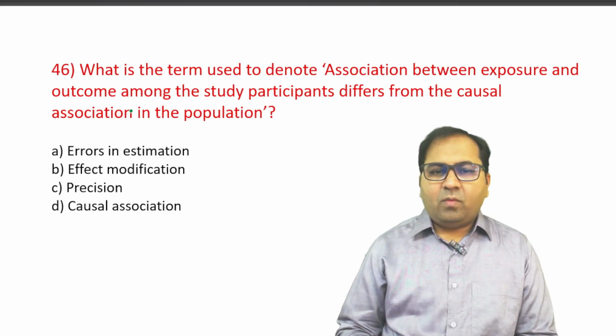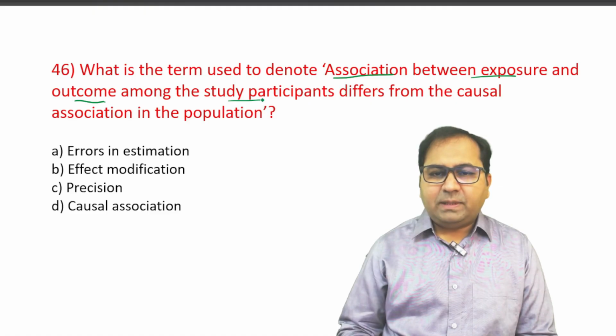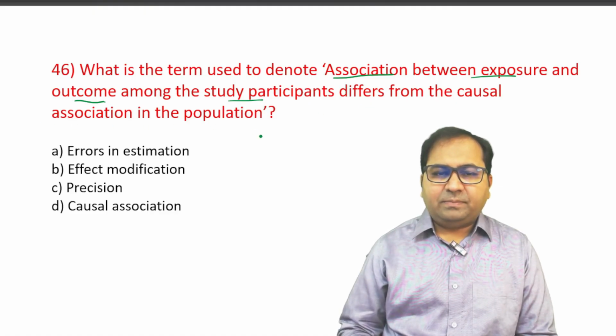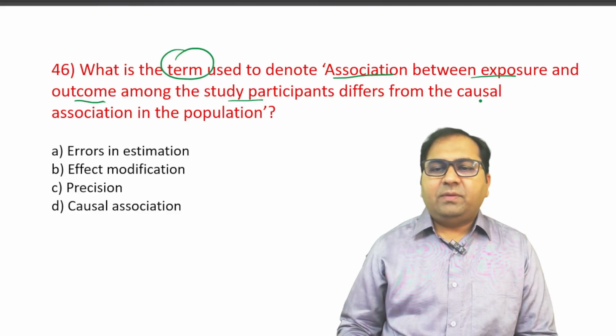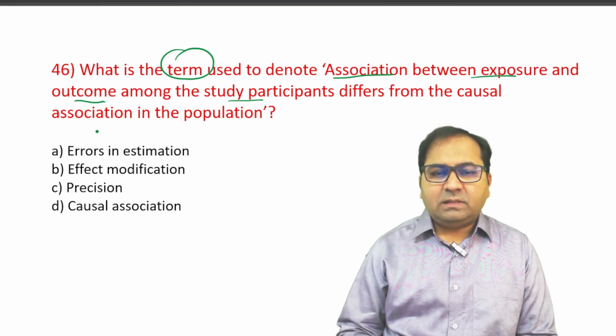Next question. What is the term used to denote the association between exposure and outcome among the study participants which differs from the causal association in the population? The options are A, errors in estimation, B, effect modification, C, precision, or D, causal association.